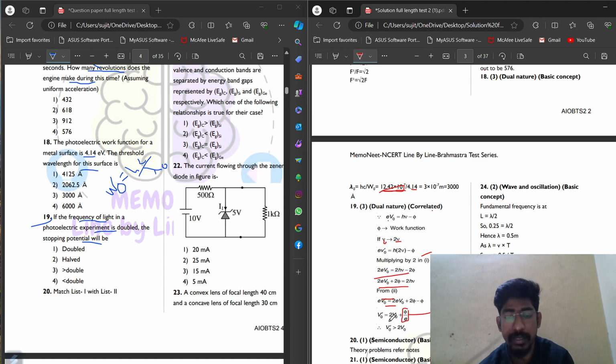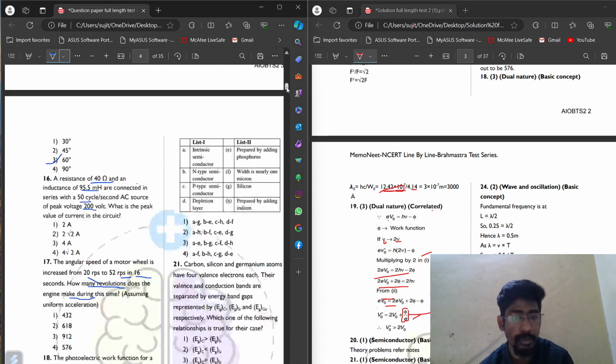So the potential difference will be greater than twice the initial potential difference because of this factor.